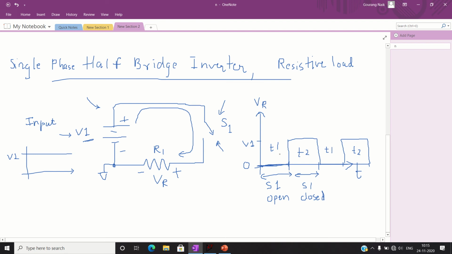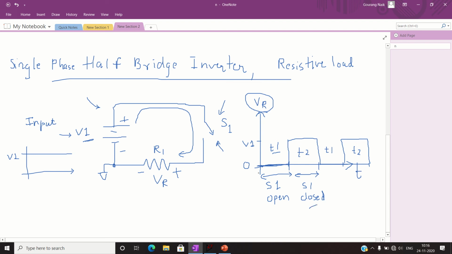One thing which you can say here is you can decide on the duty cycle of your output waveform. The voltage across this VR, you can see it is changing from 0 to positive value, 0 to positive value. So you can decide on a duty cycle by changing the value of t1 and t2, where t1 is the time for which S1 is open and t2 is the time for which S1 is closed.